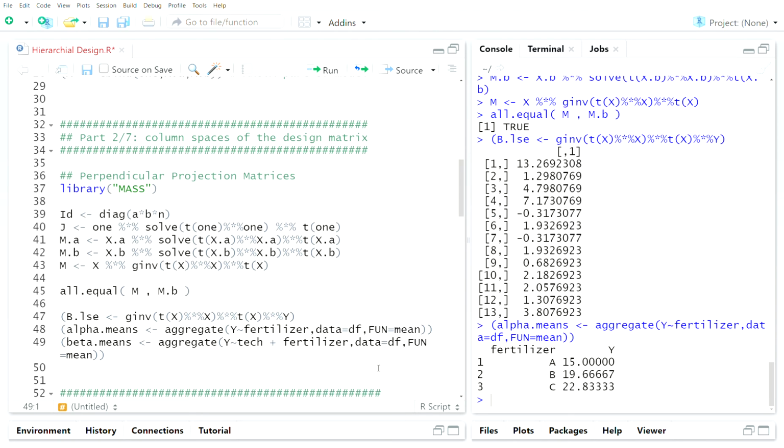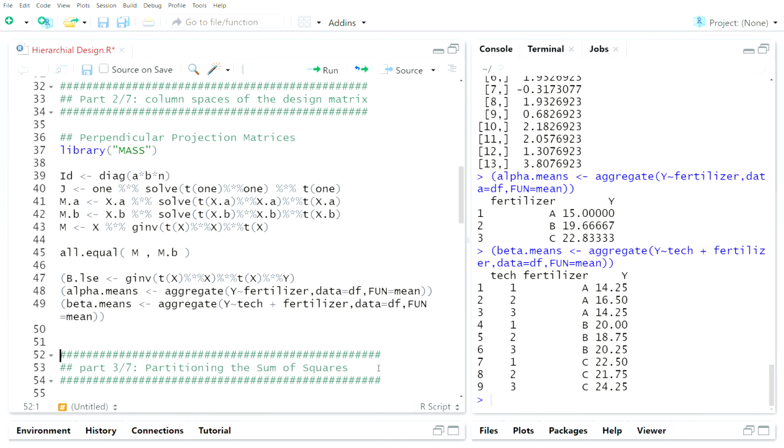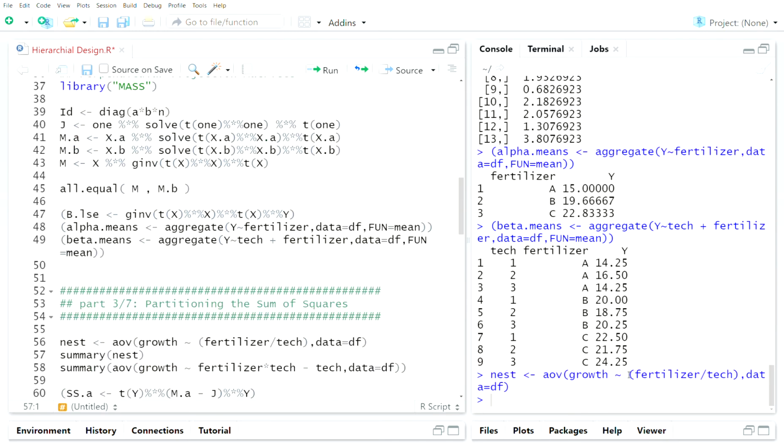This is the mean of factor A, B, and C. And here are the means of each of the technicians, or the levels of factor B. Okay. And again, that'll come back when we look at contrast.